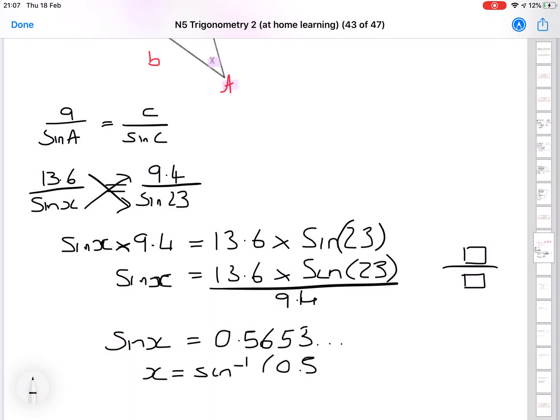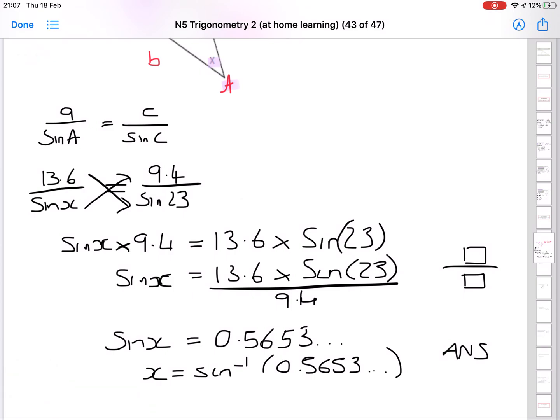Again, remember to use the shift button, inverse of sine, so shift sine, and then your answer key. That will put that full big long decimal answer into the function, so you'll get an accurate answer.